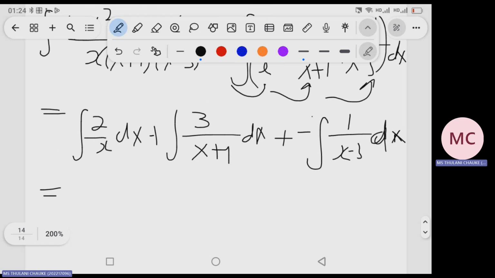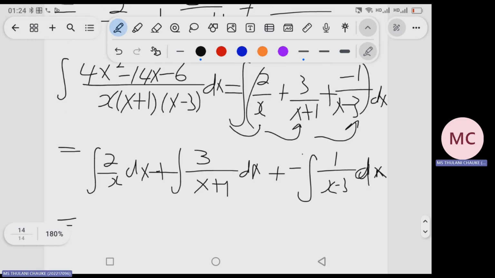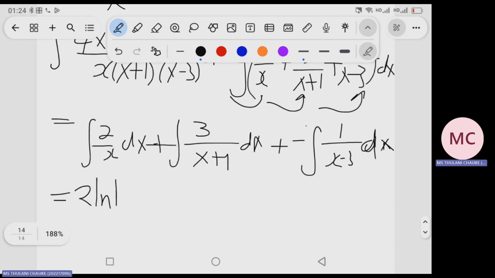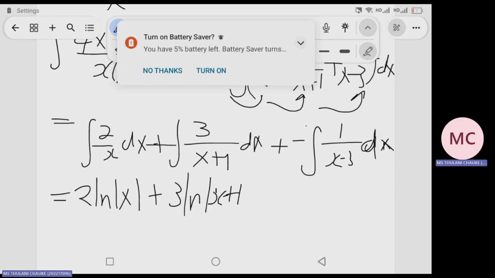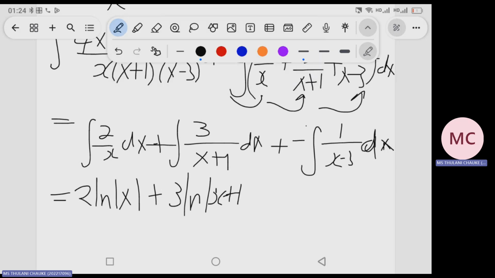Then this part will give me 2 ln absolute of x plus 3 ln absolute of x plus 1, then this will be minus, because we have a minus there, minus the ln absolute of x minus 3 plus c.